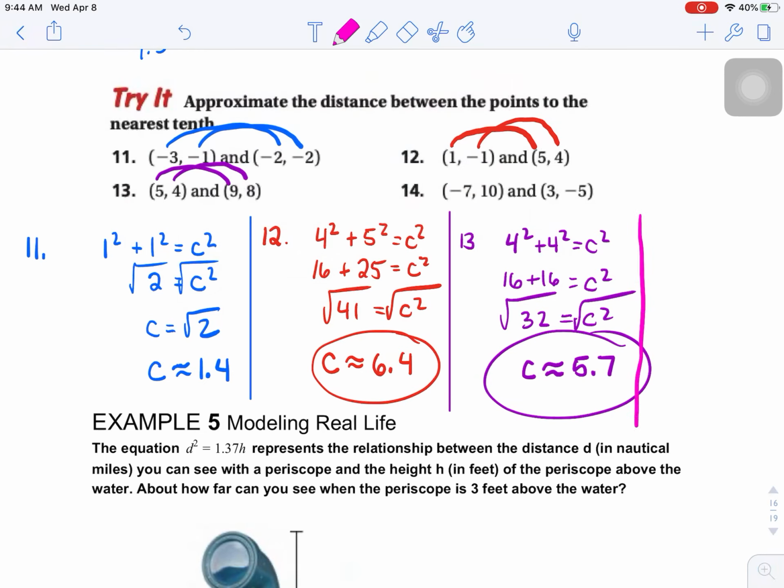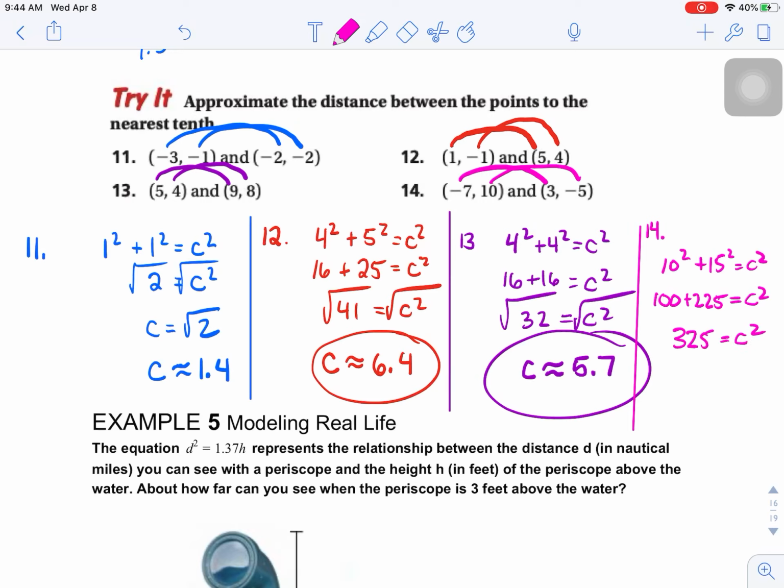And then the last one there, 14. The distance between -7 and 3 is 10. The distance between 10 and -5 is 15. So 100 plus 225 would be 325, which is actually, I believe, a perfect square.